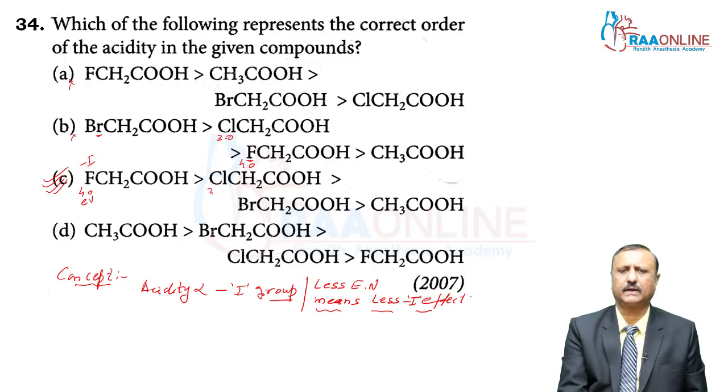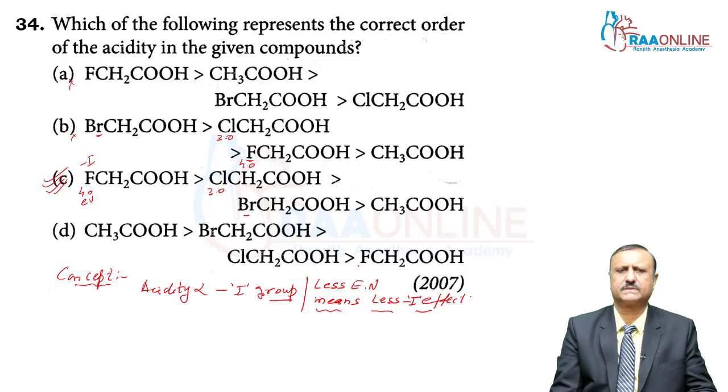Chlorine has 3 electron volt electronegativity, so its minus I effect is less, and in Br the electronegativity is less than 3.0, that is 2.9 or 2 point something. So electronegativity is less than chlorine, so acidity is less than chloroacetic acid, and here no minus I effect is present, that is why it is a weaker acid. So you can go with option number C, and this question was asked in NEET 2007.